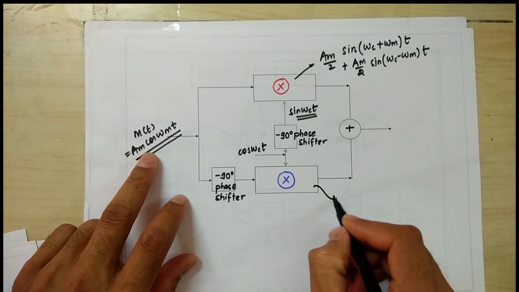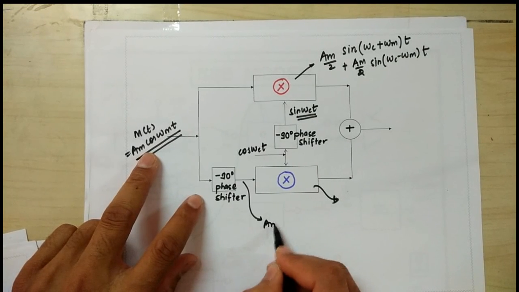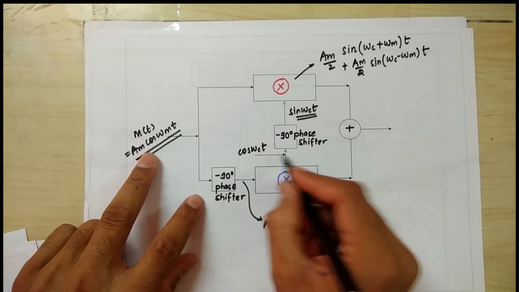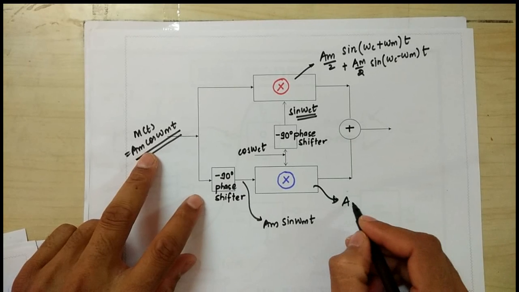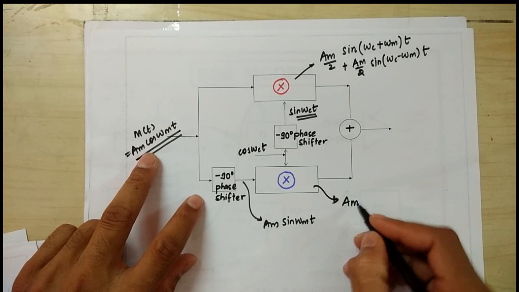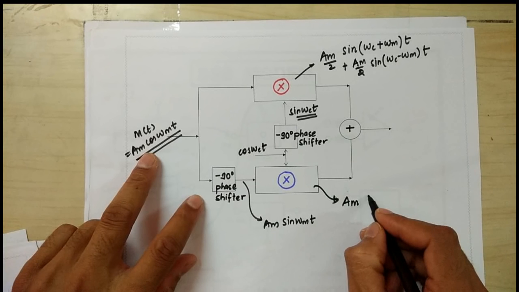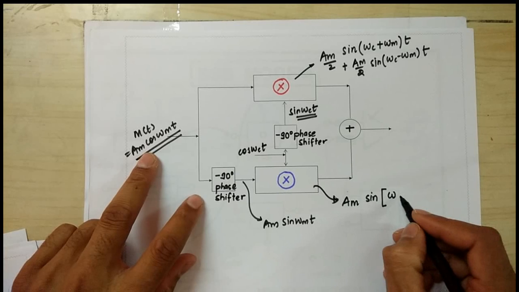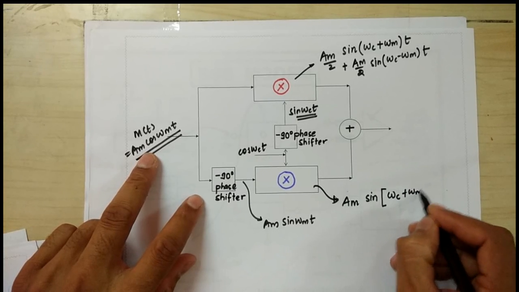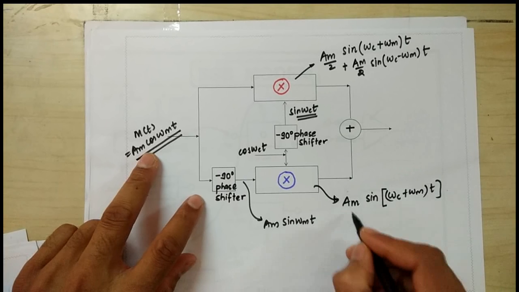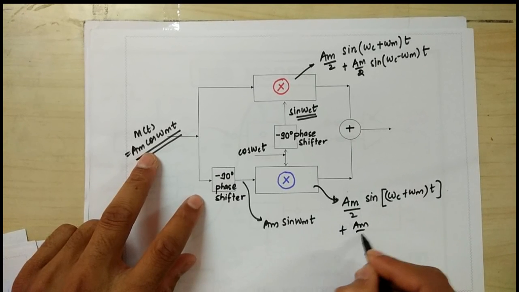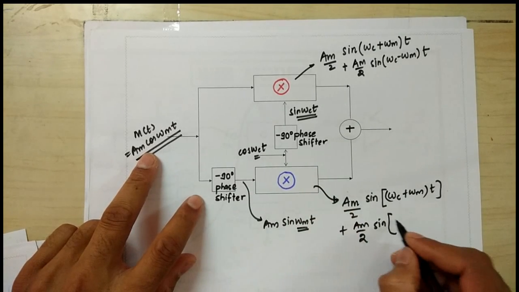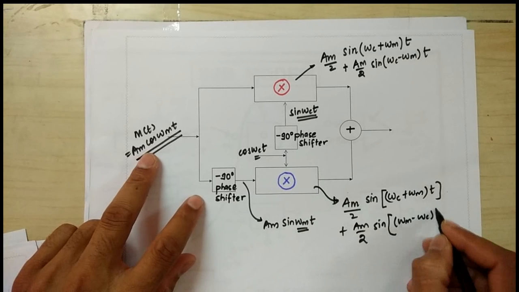For the other branch, this is minus 90 degrees, so it is AM sin of omega mt, and this is cos, so again it gives AM by 2 sin of omega c plus omega m t, and AM by 2 sin of omega m minus omega c t.